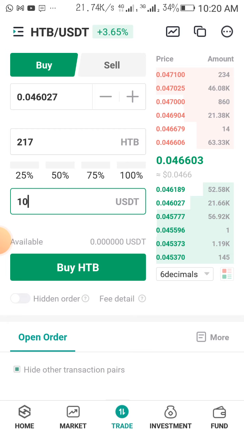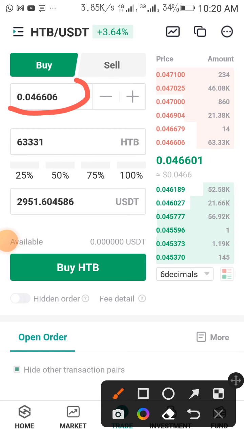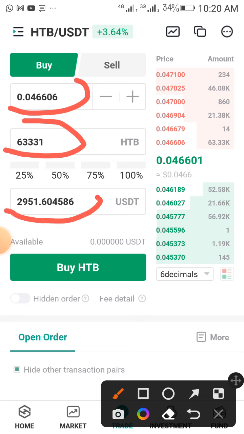Just notice how things will change. If I click on his rate, you see his rate was updated here, and the amount of HTB he has to sell was also updated here. The equivalent in USDT was also updated here, but I don't want to buy all.